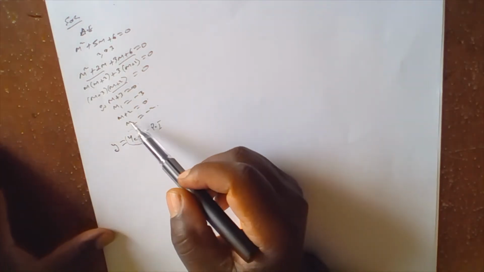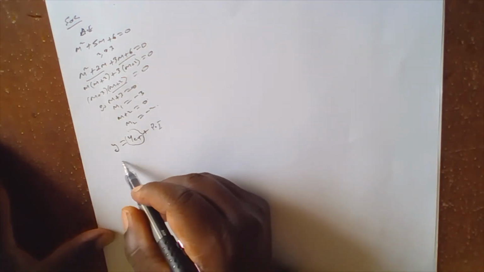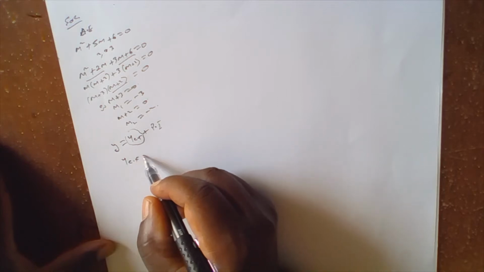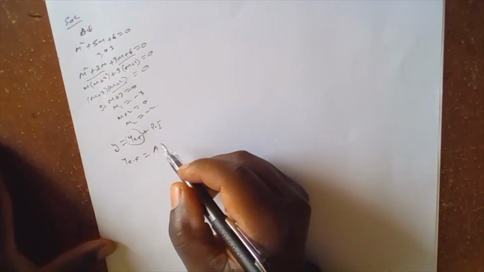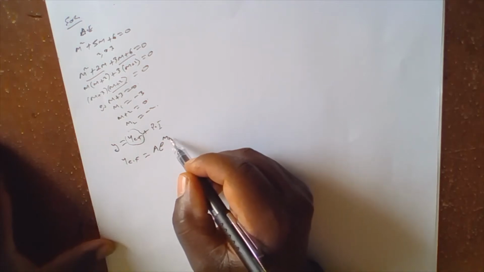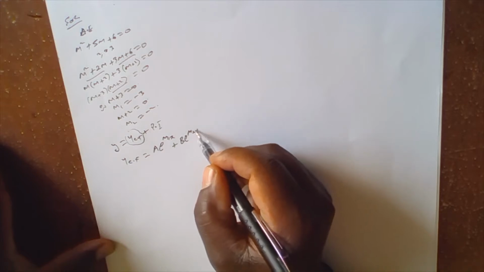Once we have m1 and m2, the complementary function is always given by a e^(m1x) + b e^(m2x).